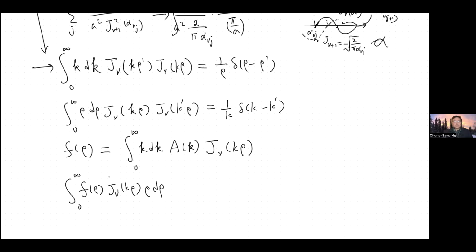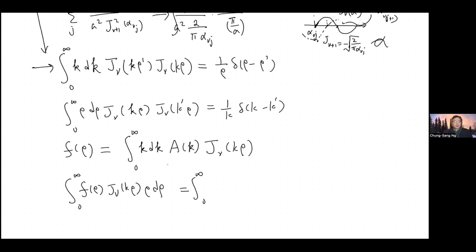And now we assume that we can expand f like that, so we substitute this into here. So you have the 0 to infinity, because we substitute this f rho into here, right?